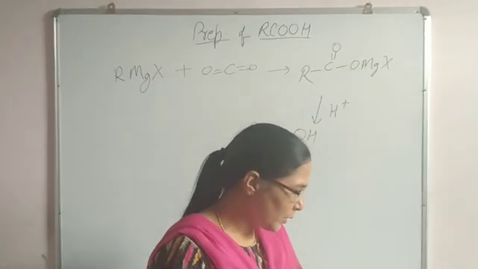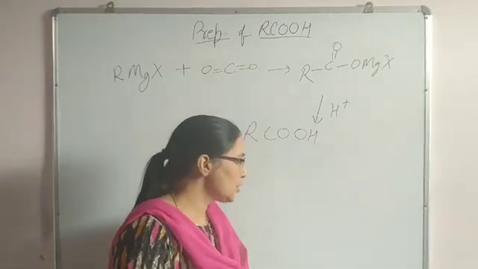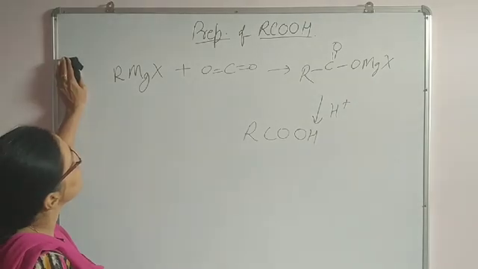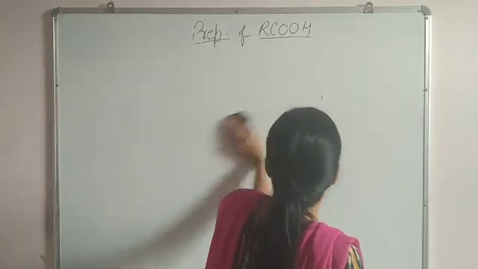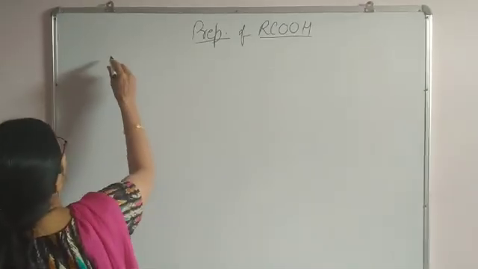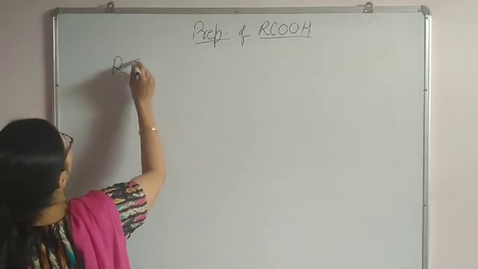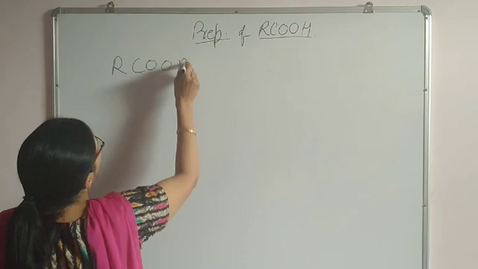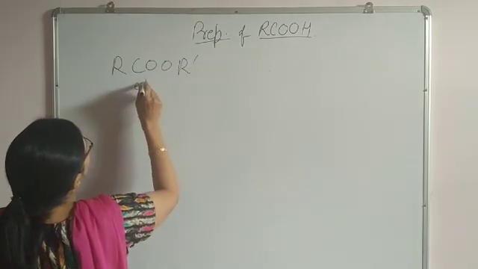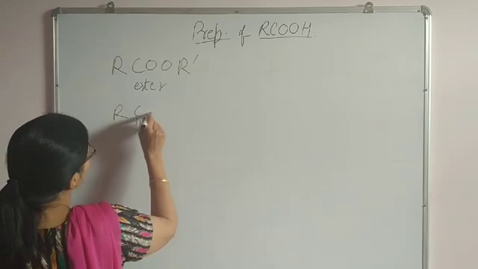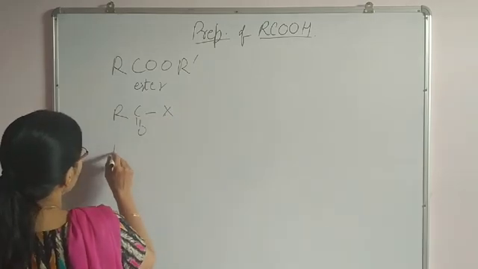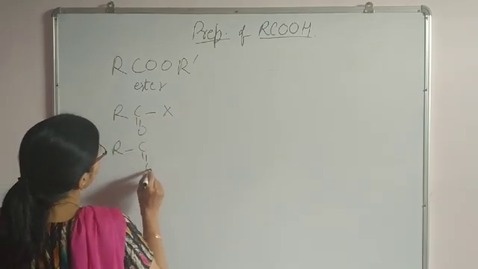Next method in the row is by means of hydrolysis of acid derivatives. The meaning of acid derivative, for example, I will start with RCOOR dash. This one is ester. Alkanoyl halide. Then amide.